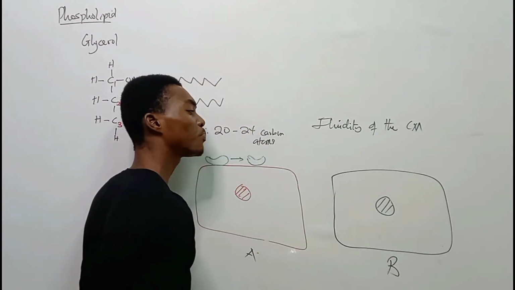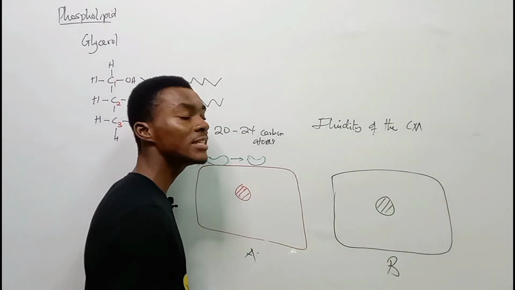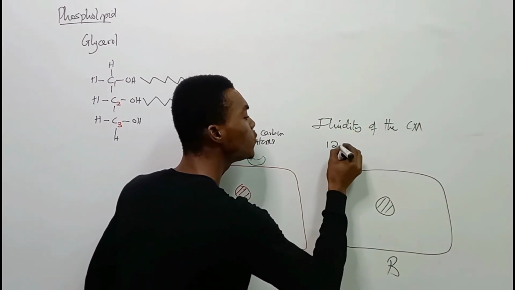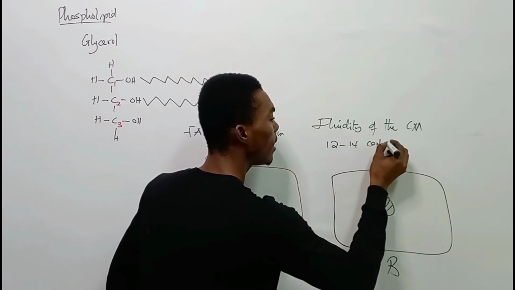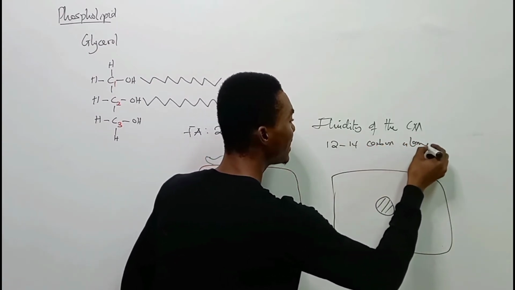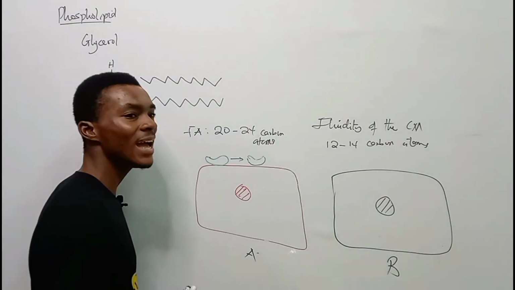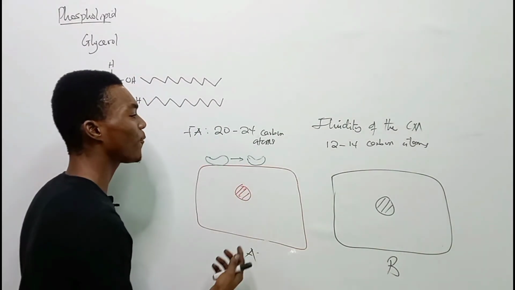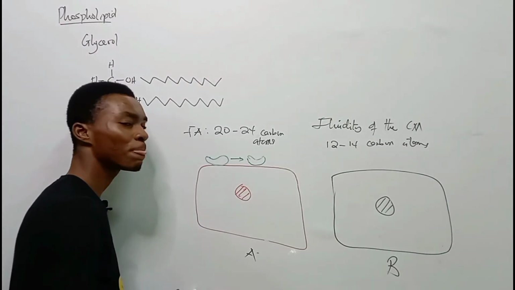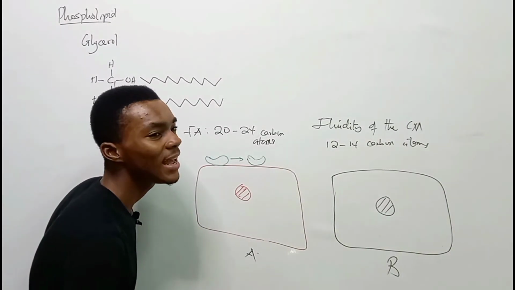We're going to consider fatty acids in the cell type B cell membrane ranging from 12 to 14 carbon atoms. So now you can tell me that in these different cell membranes, the length of the fatty acids in cell type A is going to be what?